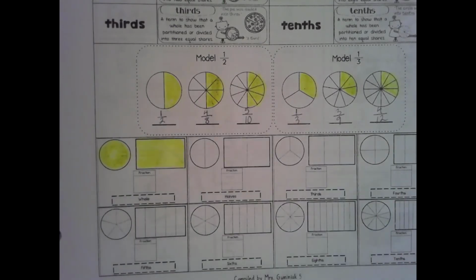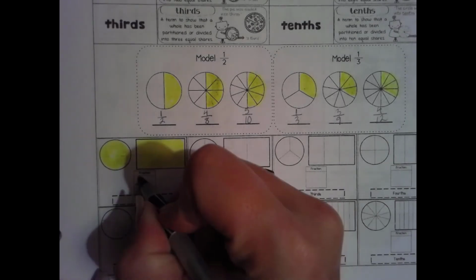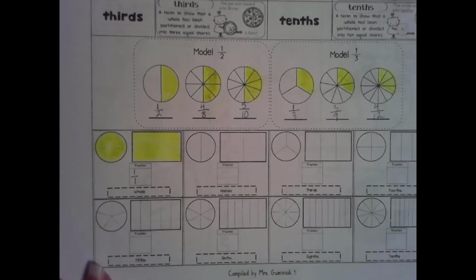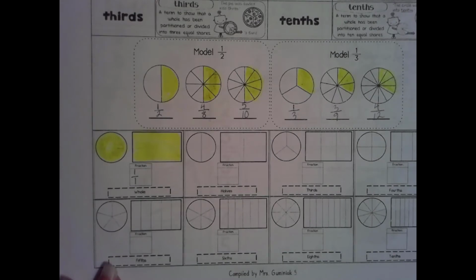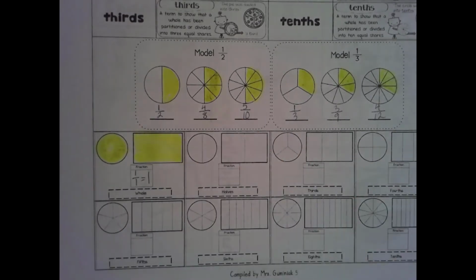Because when we're looking at whole, that means we're looking at the entire thing. So I have one piece, and that one piece is shaded in. So we could write it as a fraction as 1/1, which is just the whole thing. One whole. The whole thing is shaded in.